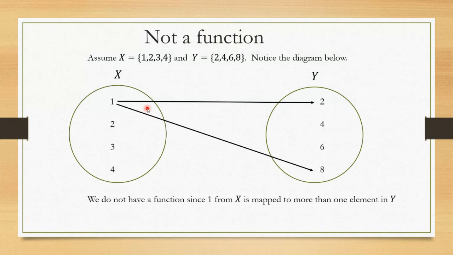Well, that's not a function. You can't have that, because then you're going to wonder, which one are we going to use? Do we use 2? Do we use 8 for our output? That's really what makes functions so useful, that each input gives you only one output.